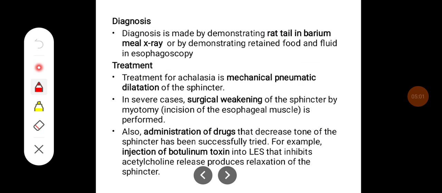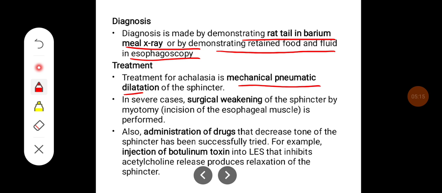The diagnosis is made by demonstrating a rat tail in barium meal X-ray or by demonstrating retained food and fluid in the esophagoscopy. The treatment is usually mechanical pneumatic dilatation of the sphincter. In severe cases, surgical weakening of the sphincter by myotomy, that is, incision of the esophageal muscle, is performed.